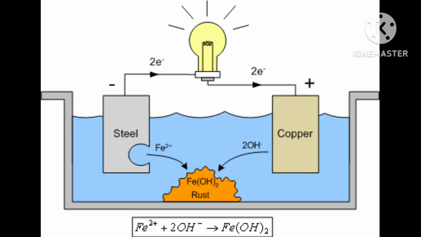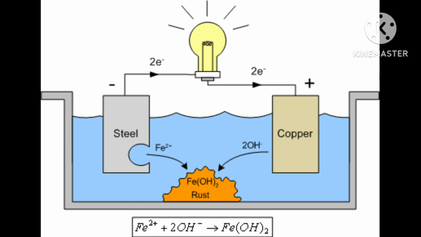The spot where hydrogen is going to reduce, after taking the electron, that place functions as a cathode, and this moisture or H2CO3 behaves as an electrolyte.